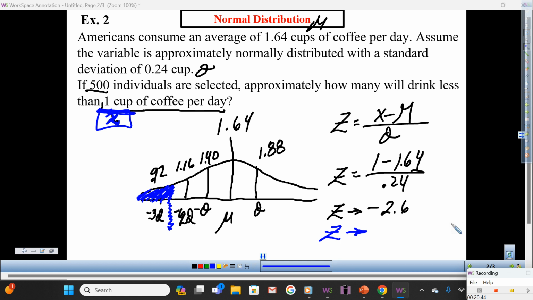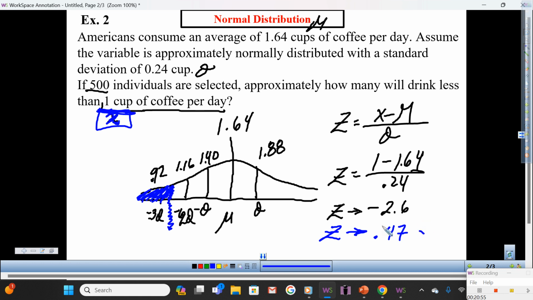Diego, negative 2.67 in decimal form. 0.0047. Have you got that?